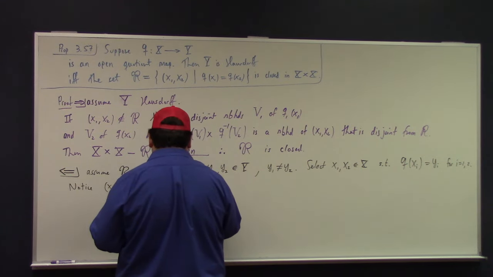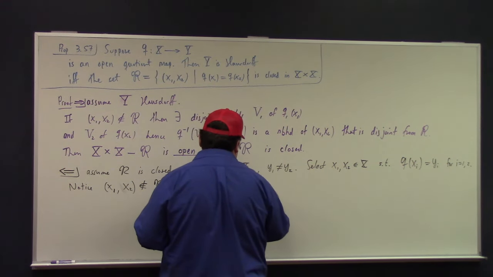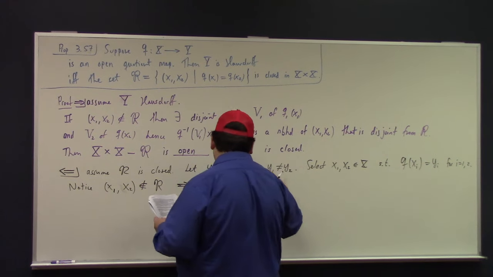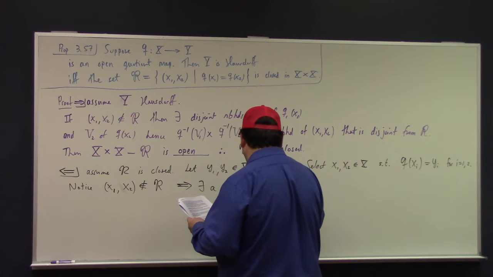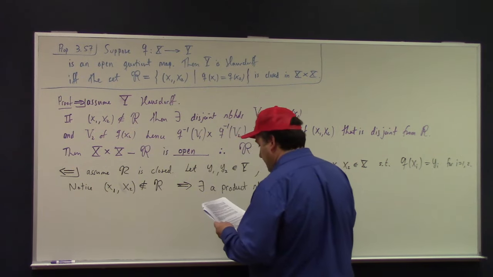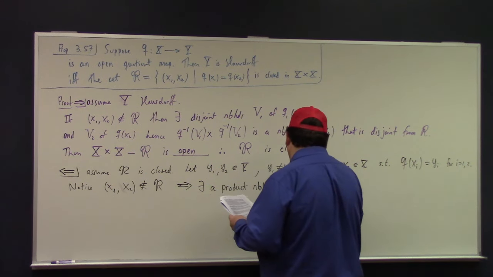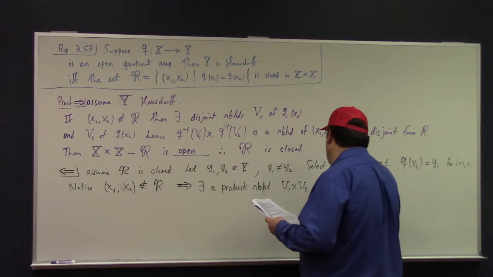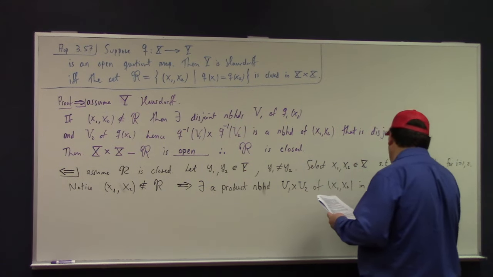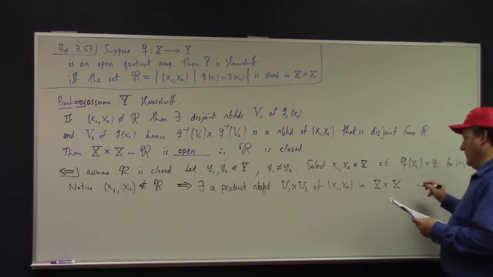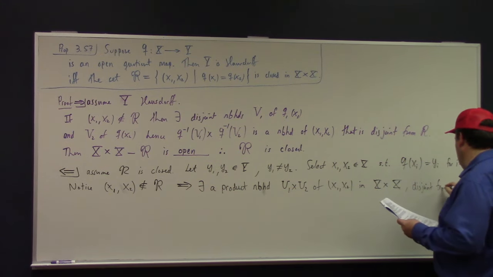He says that means there exists a product neighborhood. Here we're getting into the weeds a bit about topology, but for a product topology, this is what's available to you: a product neighborhood U1 cross U2 of (x1, x2) in X cross X, disjoint from R.